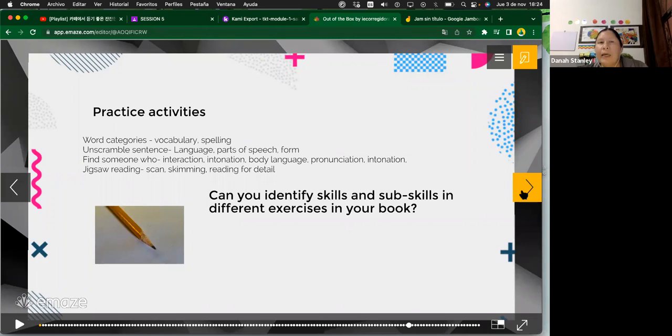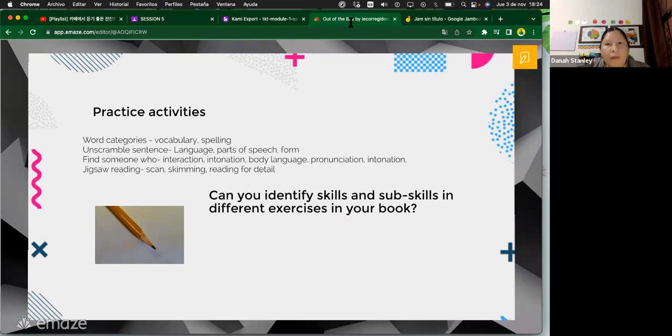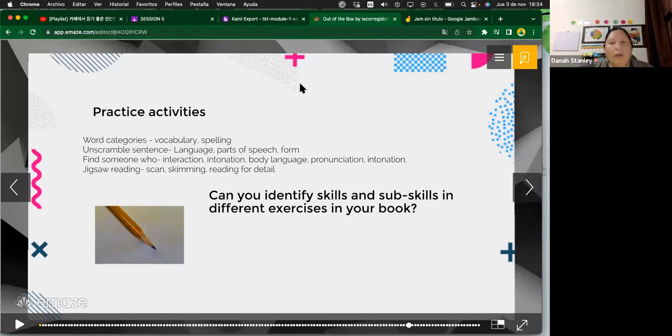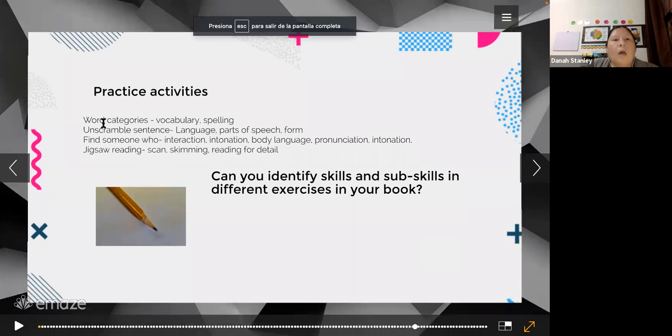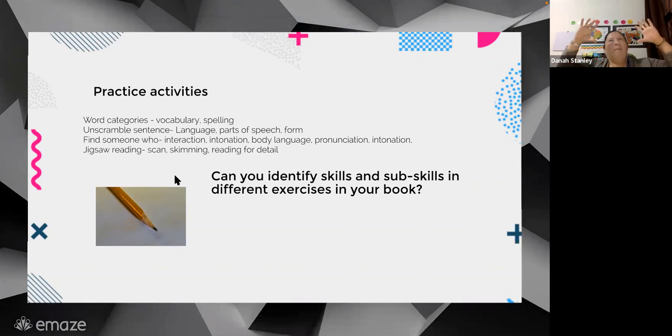And see what other sub-skills or skills can be involved in the development of these practice activities. For example, I have here a word categories exercise, when they have a box full of words and they need to write the words under the correct heading.